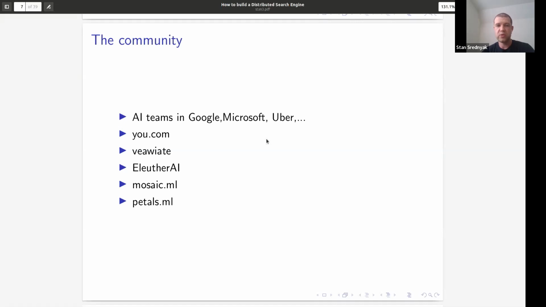First and foremost, these are AI teams at Google, Microsoft, and other companies. And there are quite a few new startups that emerged recently that utilize new technologies. I am just briefly mentioning some of them. There are very many others.